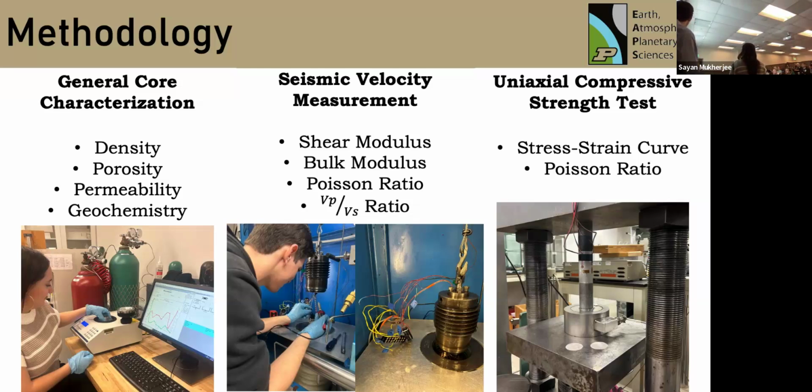Our second step is just putting our samples into a pressure vessel and trying to get some velocities for S and P waves, so we can calculate shear and bulk modulus, Poisson's ratio, and the VP/VS ratio. And our final step is to do the uniaxial compressive strength test. We just wire some strain gauges to the samples and put them in a press and squeeze until it fails.